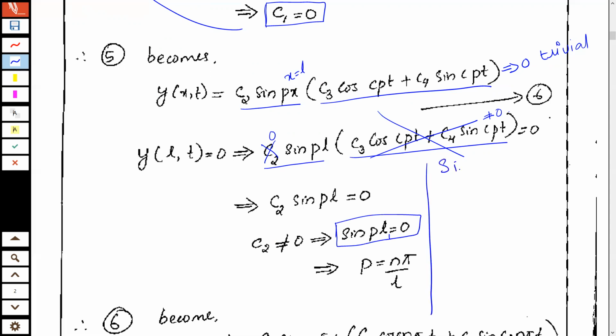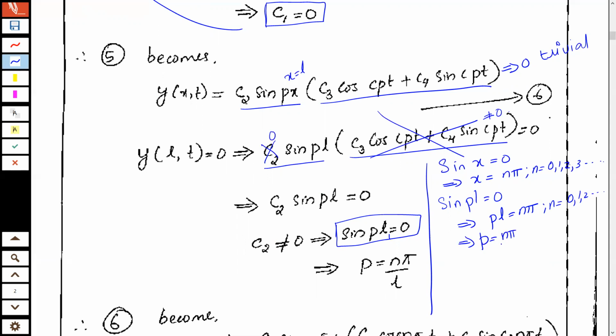Now we know that sin x is equal to 0 whenever x is of the form nπ, where n is an integer 0, 1, 2, 3, etc. Therefore, sin pL = 0 implies that pL = nπ, where n can take integer values 0, 1, 2, etc. Therefore, p is given by nπ/L.